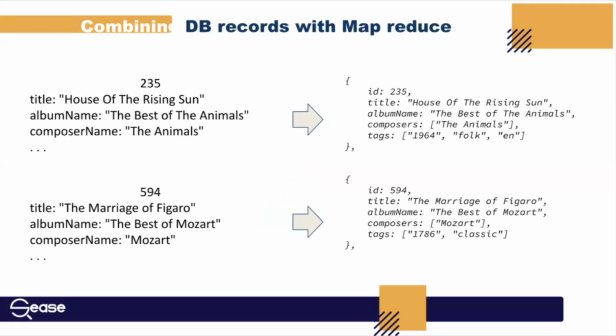In this way, writing the reduce function and writing the document is so easy, because you don't need to search where the title of this song is, or where to find the composer. Everything is there. You just need to copy and create the document. And as I said before, all these reduce functions can go in parallel, so you can go extremely fast.